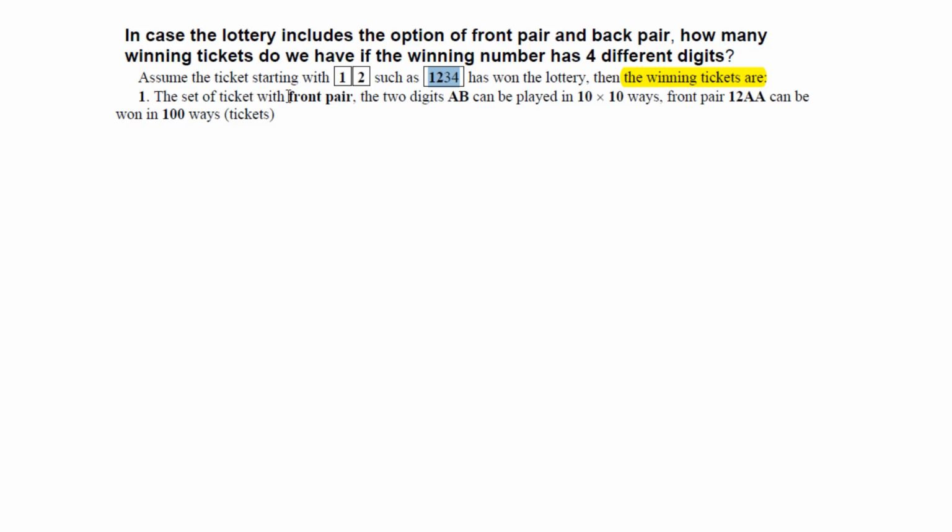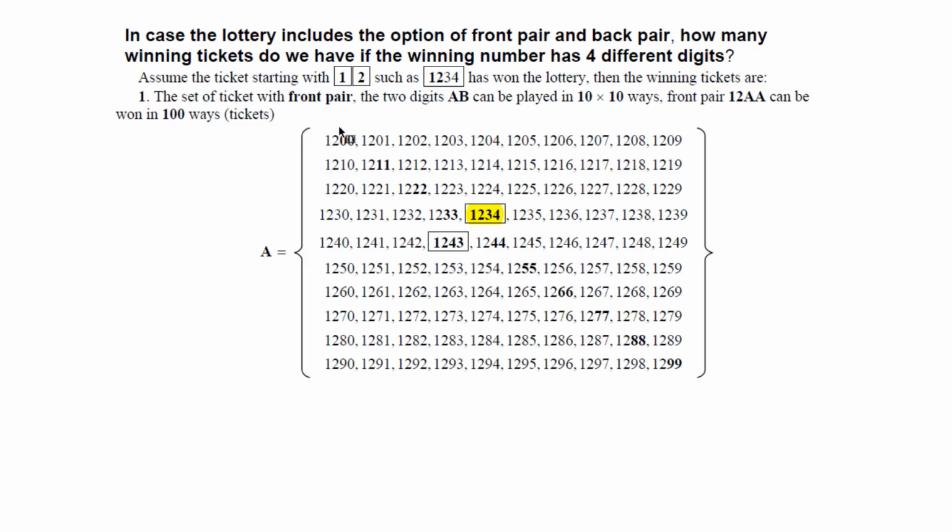So we are going to take into consideration first the front pair play, which means the ticket is winning by the front pair, and the last 2 digits could be anything. In such case, we are going to start with 1 2 0 0, and then 1 2 0 1, etc., until we get 100 winning tickets in the case of a front pair.